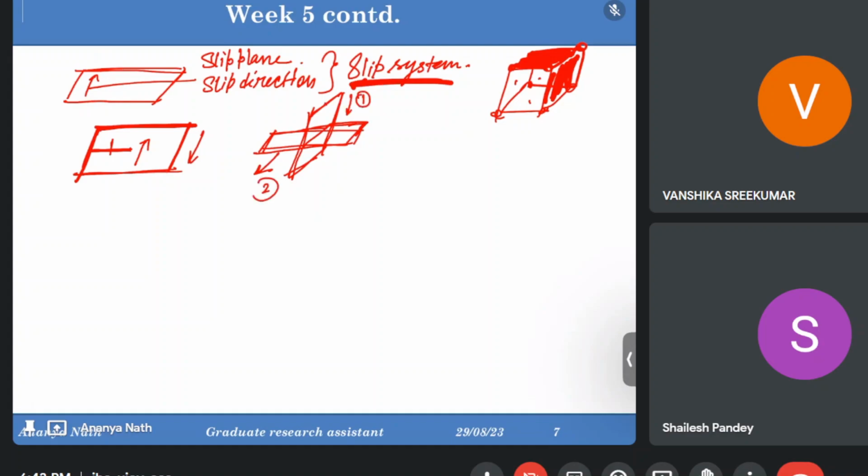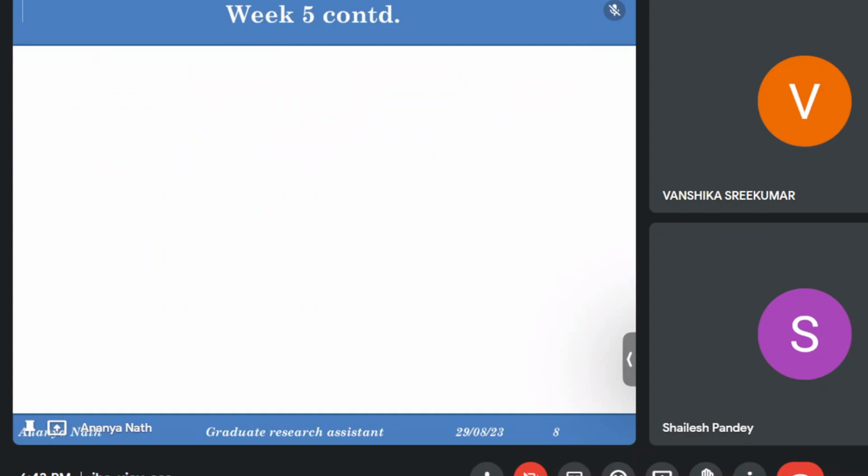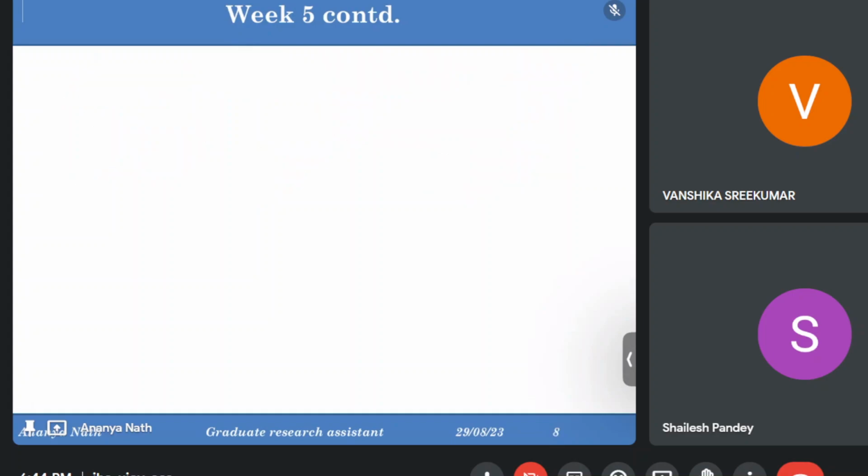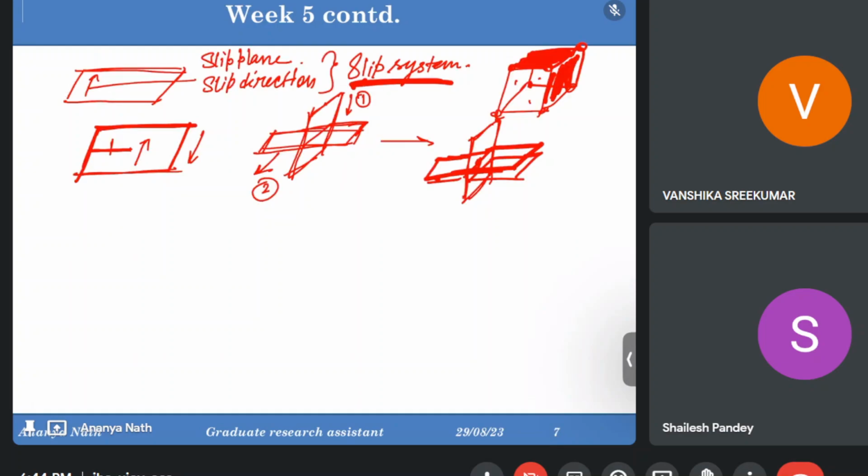This is 1, this is 2, and because of the interaction of both the dislocations, and also because we are applying a lot of load and force externally, it can happen that this dislocation remains as it is, but the dislocation which was moving through this plane has now shifted by some length. The plane has not shifted. The plane remains there, but the dislocation movement has been shifted to the next plane.